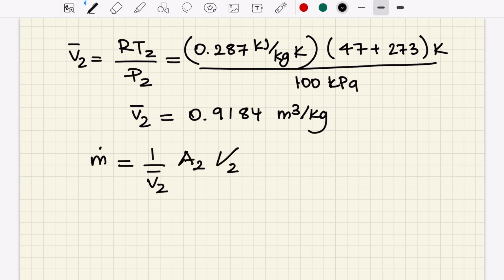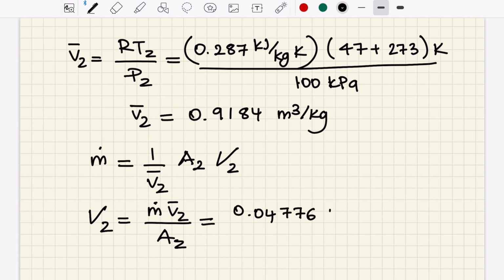But we have to be very careful with the units. Let's write down what is given to us. We are trying to calculate the velocity. We can rearrange this to be mass flow rate times specific volume over area, and let's plug it in. 0.04776 kilogram per second is the mass flow rate.